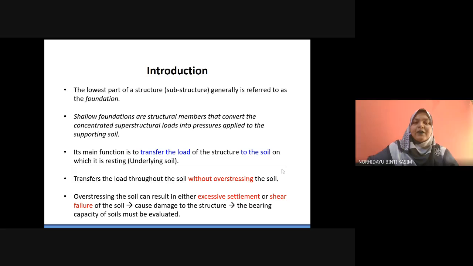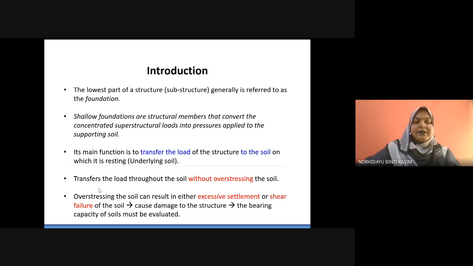What is the superstructure? The superstructure refers to the structure above the ground, or above the foundation. The purpose of the shallow foundation is to convert the loads from the superstructure into pressure and apply it to the supporting soil, meaning the soil supports the loads.